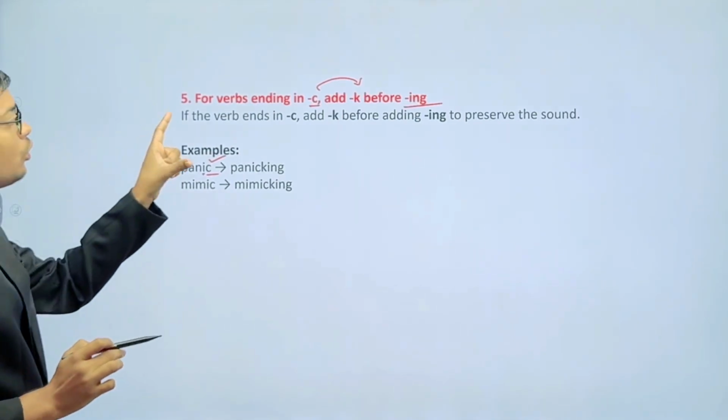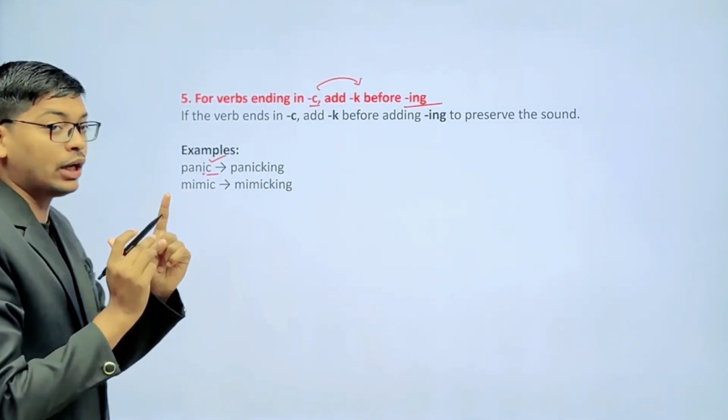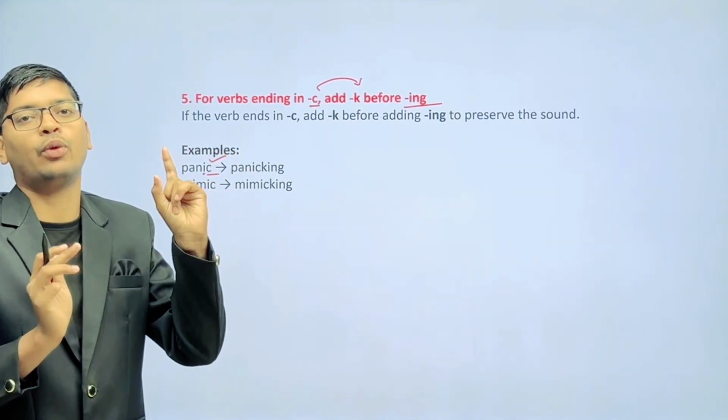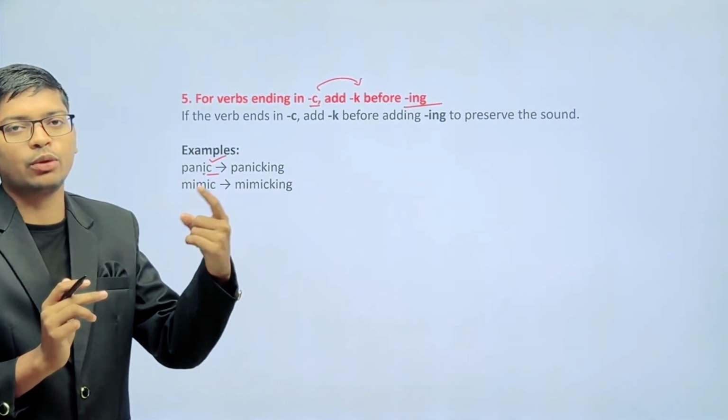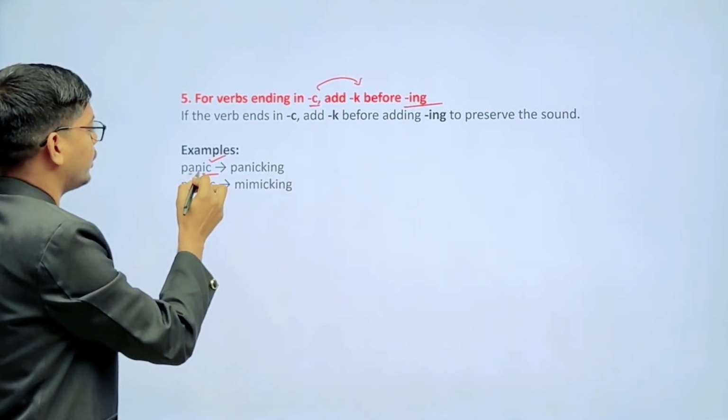The third rule is not working here, because that rule needs only one single vowel, but here there are two vowels before the consonant, i and a.